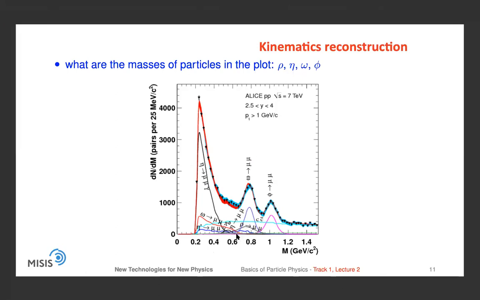And here the contribution of rho to mu mu is shown with this black line. Then, for example, phi mass is 1020, and here its contribution is shown with the magenta. And also you can see the contribution for eta going to mu mu is available here, and some contribution from eta is available here.